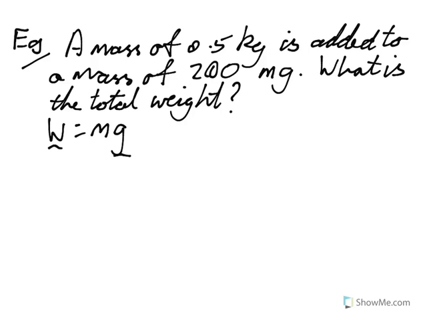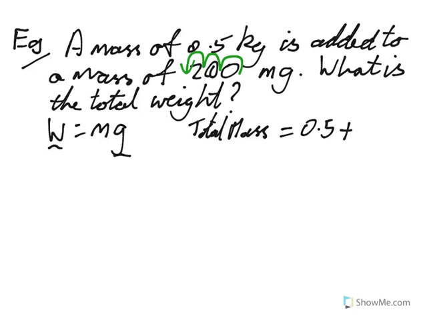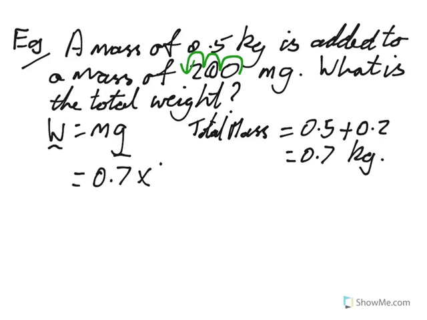So we need to know the total mass. 0.5 kilograms plus milli means 10 to the minus 3, so it's 200 milligrams. We're going 1, 2, 3. That's where our decimal point ends up, so plus 0.2, 0.7 kilograms is what we've got. So 0.7 times 9.8 is 6.86 Newton. Down again.